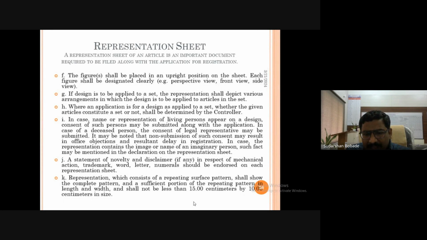Then another one is related to the sufficient portion of the repetition of the parts. There should be the coverage, the repetition of that particular design in such a way that the repeating pattern in length and width shall not be less than 15 centimeter by 10 centimeter in size.